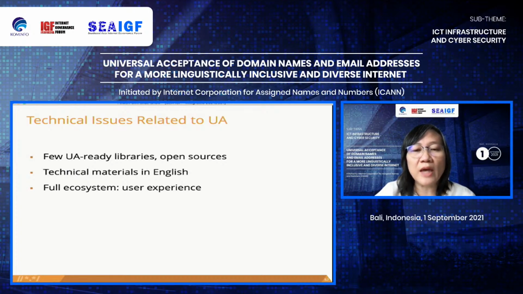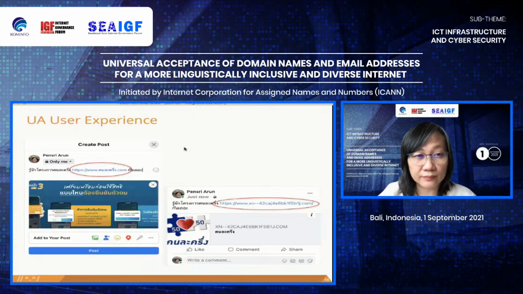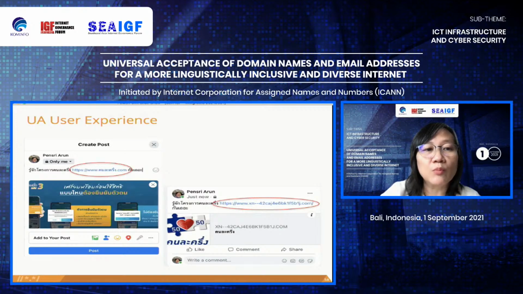So let's look at some examples. Next slide, please. So this is a Facebook post. I was trying to post the government promotion URL, which is in thaiidn.com. Once I put the post in and publish it, Facebook shows, as you can see, funny code, or the A-label, not the U-label in Thai.